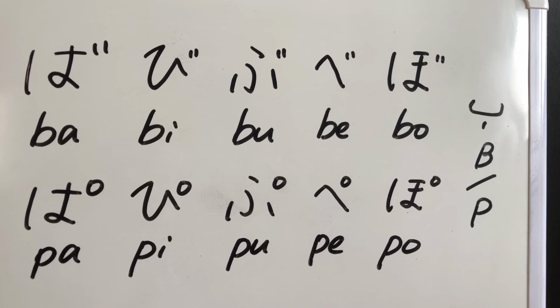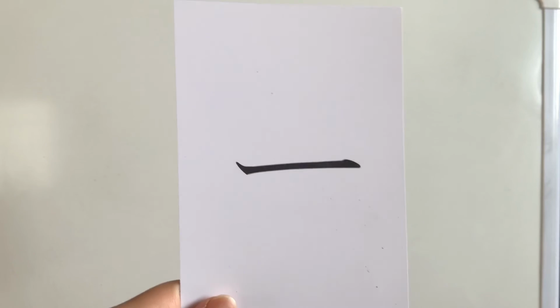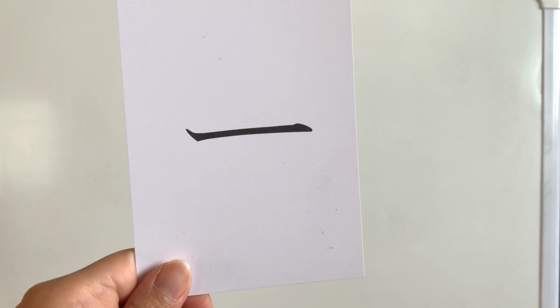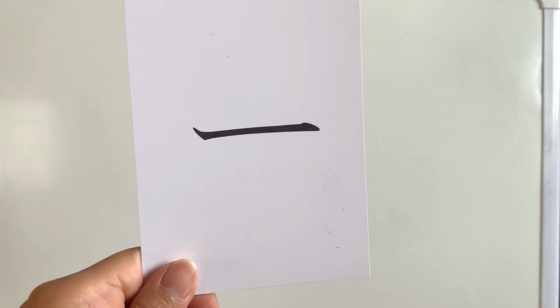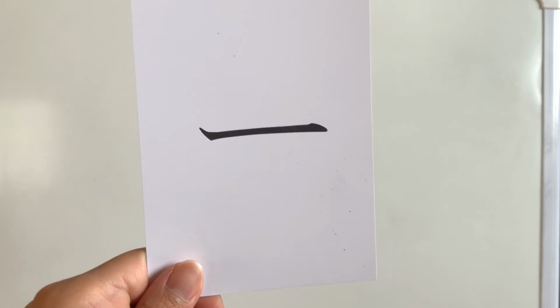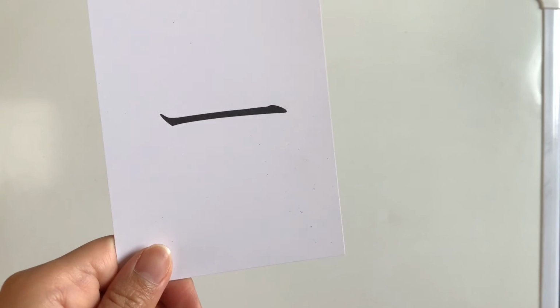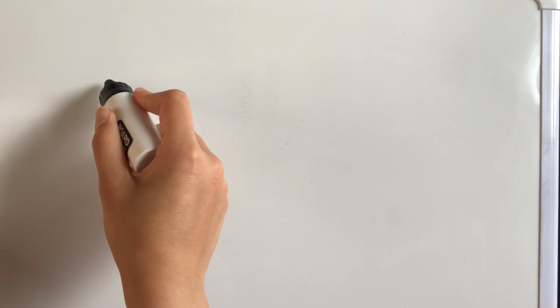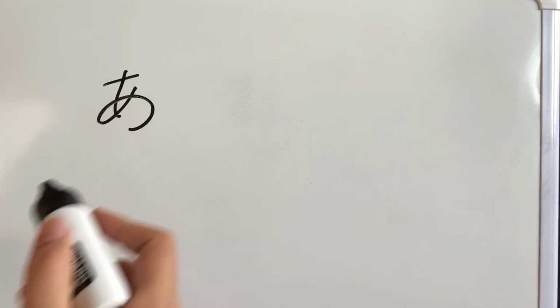Alright, and with this mark, I've just found out that we don't really use it in hiragana, but we use it with katakana. So I will explain it to you very quickly. It's just for the pronunciation. For example, with hiragana we have a, right?